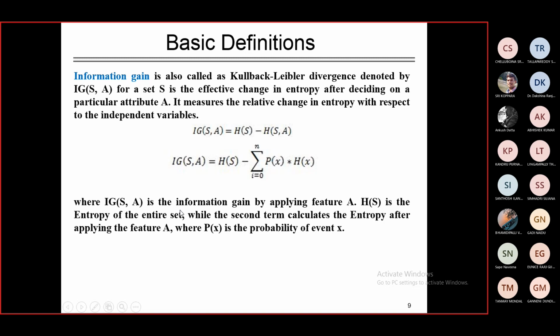Here H(S) is the entropy of the entire set, while the second term calculates the entropy after applying feature A. As I said, this H(S, A) is the entropy after applying feature or attribute A, and here P(x) is the probability of event x.